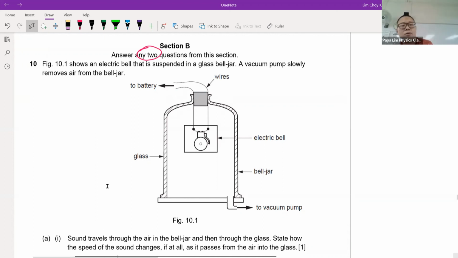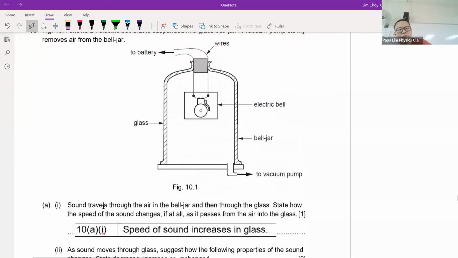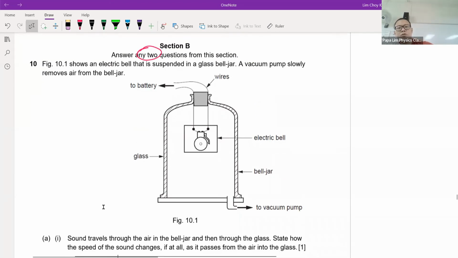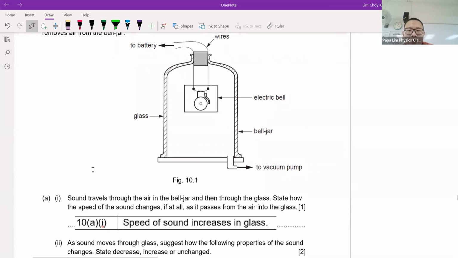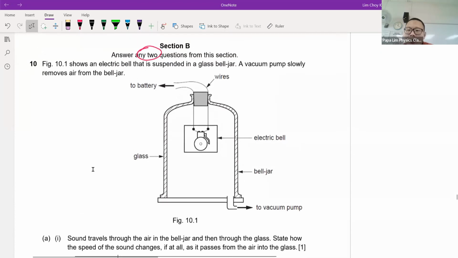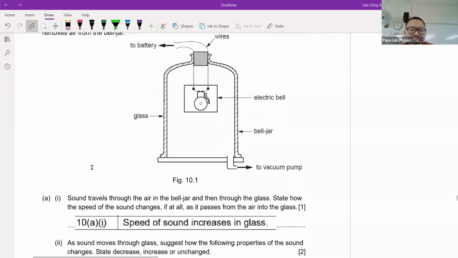Question 10 is on sound. The battery operated vacuum pump is a classic setup. Whenever we deal with this type of question, we look at how sound needs a medium to pass through. That's what the question is trying to tell you.